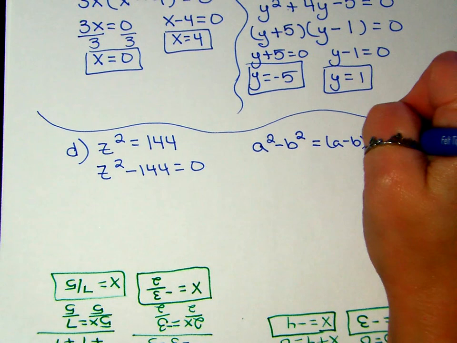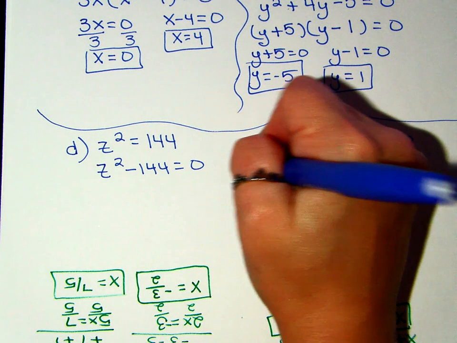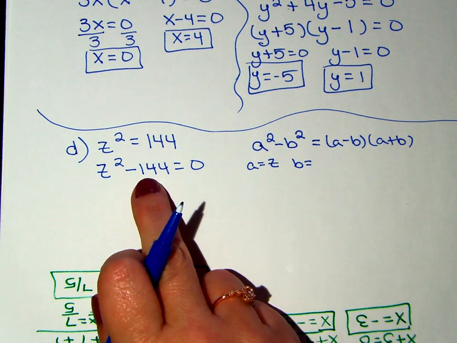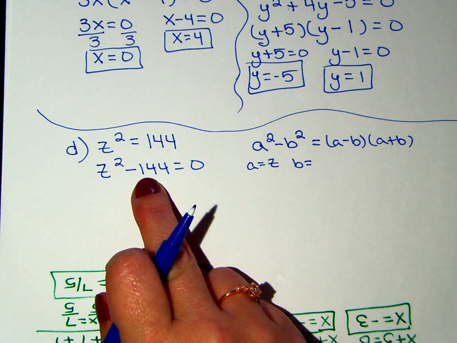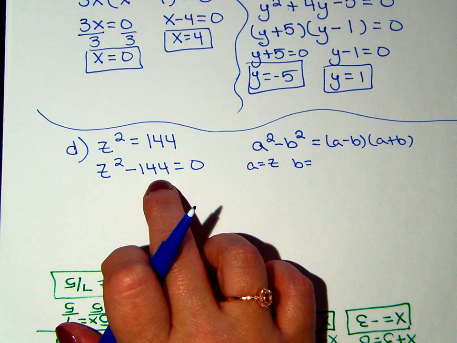So then the question becomes, what's our a and what's our b? Well, our a in this case would be the z, and our b would be, well, what times what gives me 144? 12. 12 times 12 gives me 144. And if you don't know, that's where you use your square root button on your calculator.